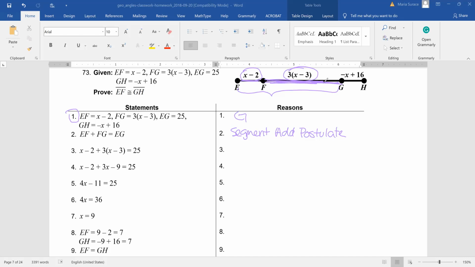And they gave me that the total length of EG was 25, which means I'm able to substitute x minus 2 in for EF, 3 times x minus 3 in for FG, and 25 in for EG. So my reasoning for step 3 is substitution.